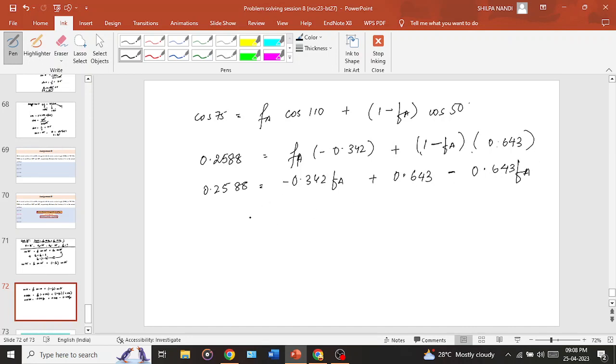Now just take these two on the left hand side and these two on the right hand side. So minus will here become plus. So 0.342 Fa plus 0.643 Fa will be equal to 0.643 minus 0.2588.